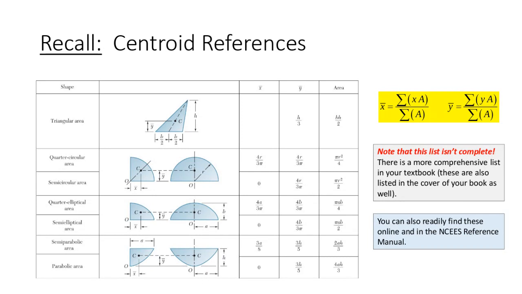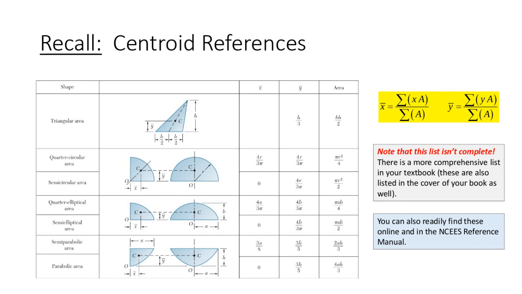Some of the other, I'd say funkier ones like parabolic sectors or ellipses, I'll be honest, I don't remember those offhand. And so for shapes like that, I need a reference. And there are oodles of these types of references available. They're in your statics textbook. You can Google them. For instance, those of you who decide to take steel design, open the steel manual. They're in there as well. So they're not hard to find.